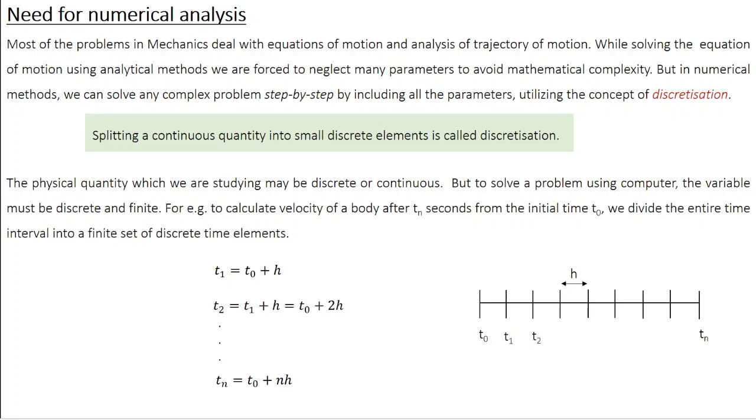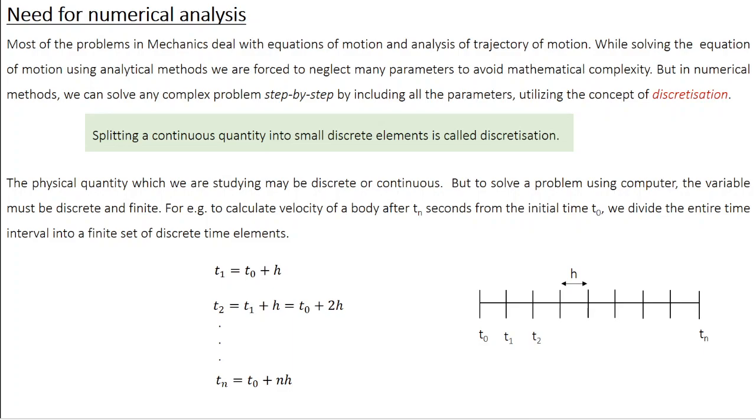But in the case of numerical methods, that's not the case. You can include all the parameters because here you are solving a complex problem step by step, because at a time you are performing a little bit of calculation. If you recollect any of the numerical methods which we learned in the previous module, you can see that at the end everything boils down to addition, subtraction, multiplication, division, right?